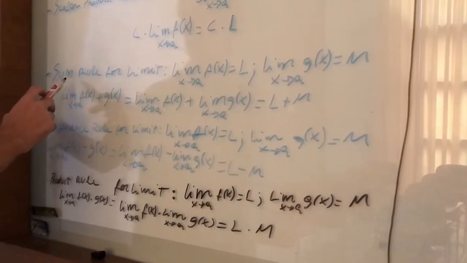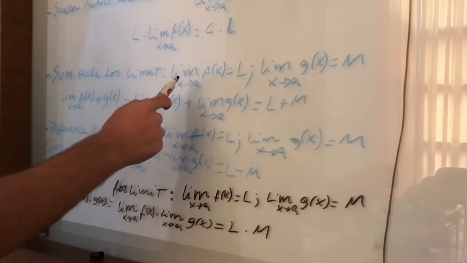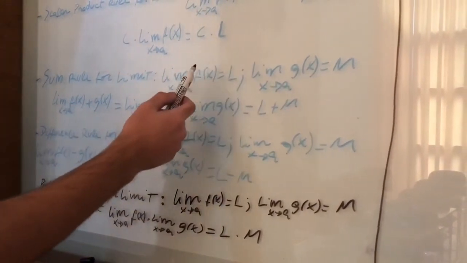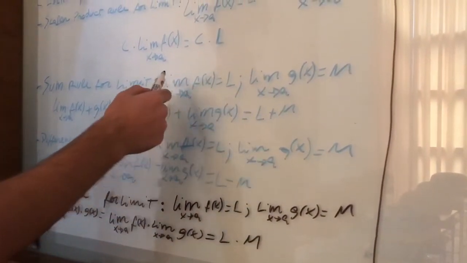Okay, so for the sum rule for a limit, we have two or more limits of functions at the same point.